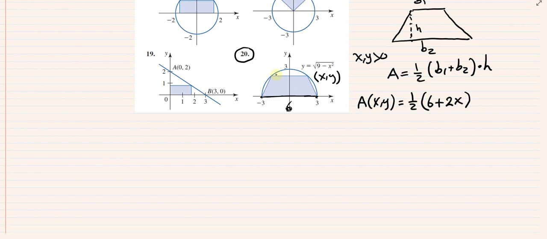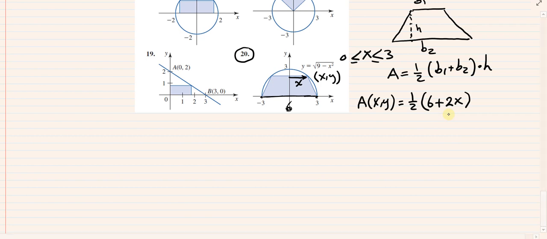And more specifically, our x here, because we stated this other part of the base based on x, x is actually going to be between 0 and 3. So that way twice x makes sense and it will be positive. And there we have it.